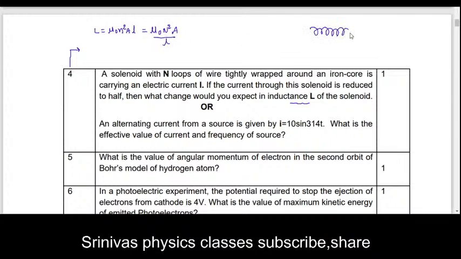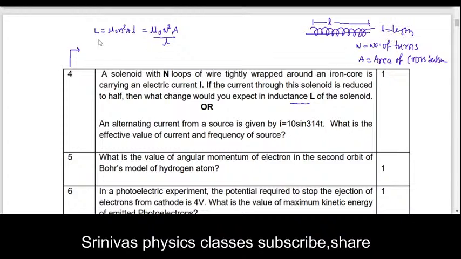A solenoid is a coil, and this coil has capital N number of turns. A is the area of cross section, and L is the length of the solenoid. The self-inductance formula is this one.